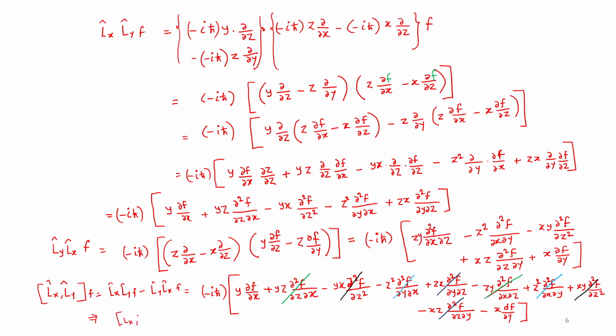that the commutator of Lx, Ly operating on f, we got minus iħ, y ∂/∂x minus x ∂/∂y. So am I missing one iħ anywhere?